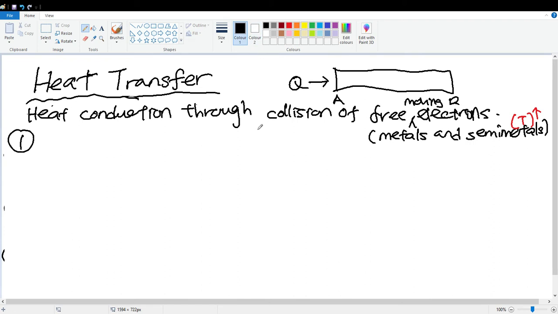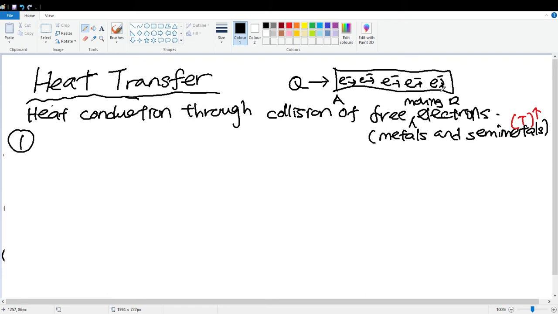Let's discuss the mechanism of heat conduction through collision of free electrons first. Let's say I have my electrons in this metal, and all of them move at constant speeds.